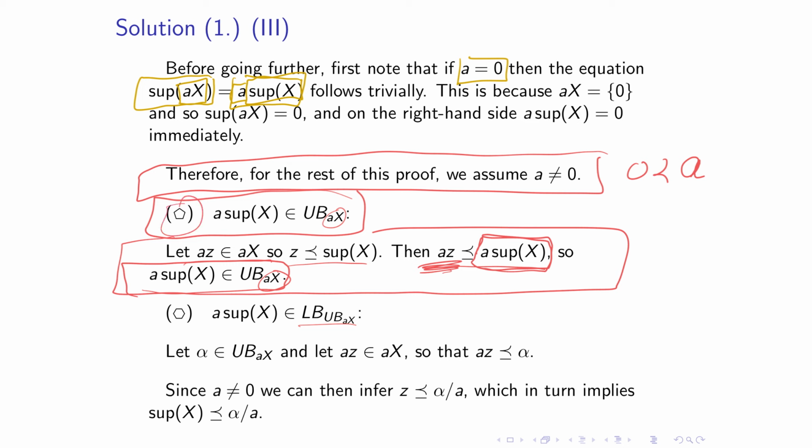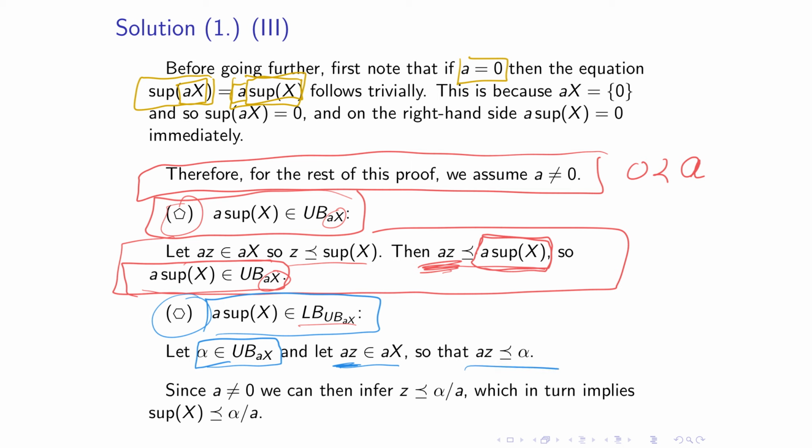So next we're going to move on to the hexagon, and that is the part where we demonstrate that a sup X is a lower bound on the set of upper bounds. So as before, we're going to take an arbitrary upper bound, call it alpha, and we're going to pick an arbitrary element out of aX, which we're calling az.